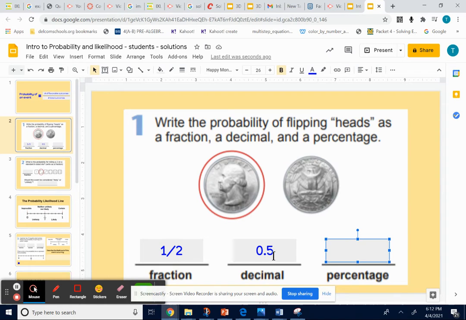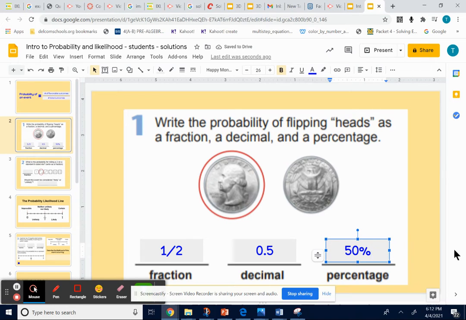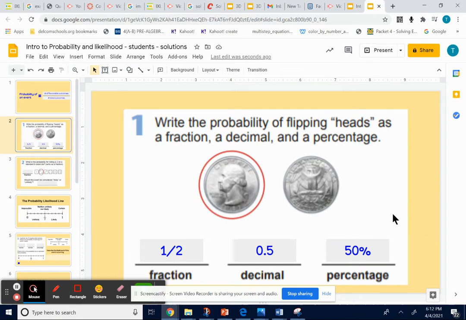I'm going to move it once to get after the 5, and a second time, I need to go an additional space, so I need to stick a 0 in there. So I'm going to move it 2 to the right, makes that 50, and I'm going to add a percentage sign. So 1/2 is equal to 0.5 as a decimal. It's equal to 50% as a percentage. So I have a 50% chance of flipping heads when I toss a coin.